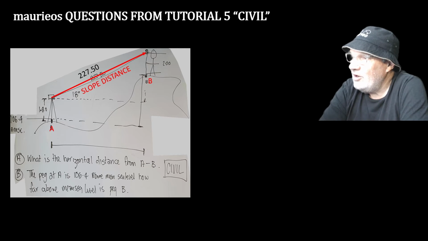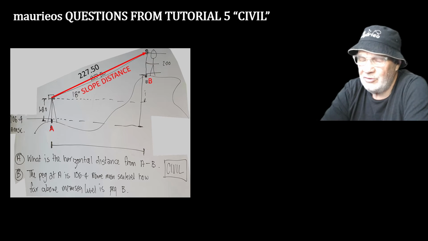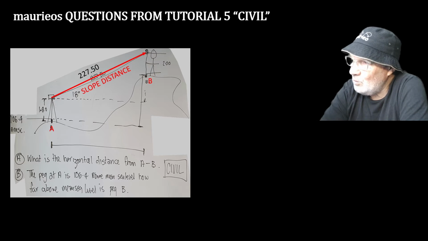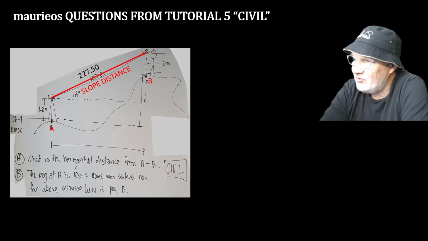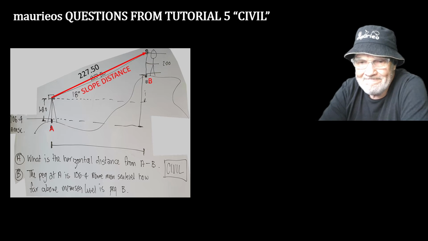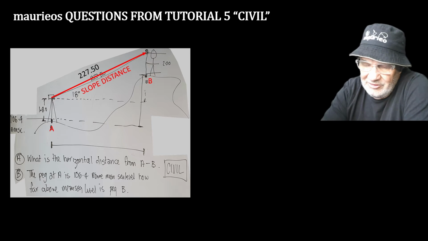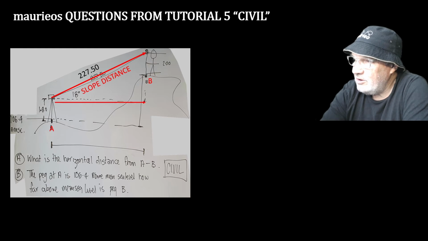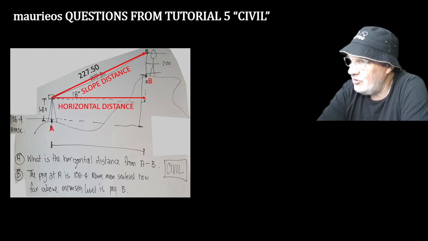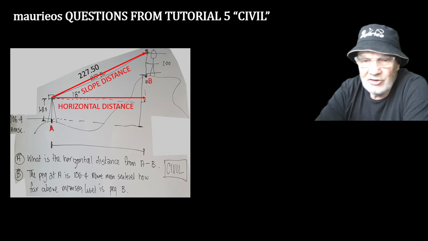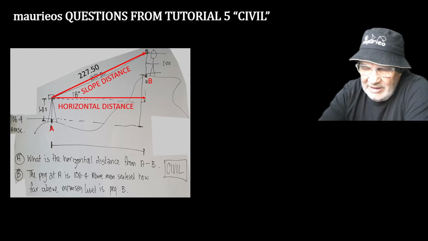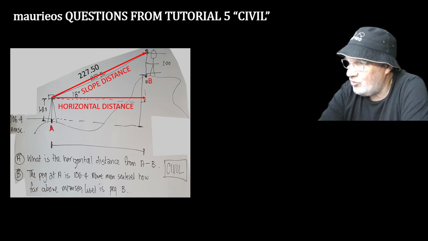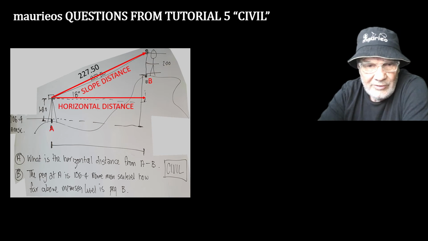With the instrument which we're using, we'll call it a total station or whatever, we measure from there to the target, and that's called the slope distance. Now in surveying we always measure the horizontal distance, so we want to find out the horizontal distance, which is essentially there. And then we're also interested in this height as well.